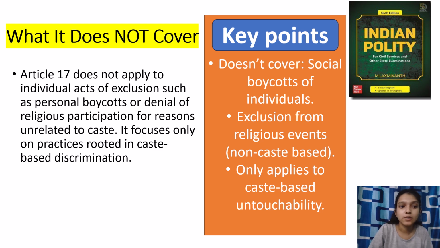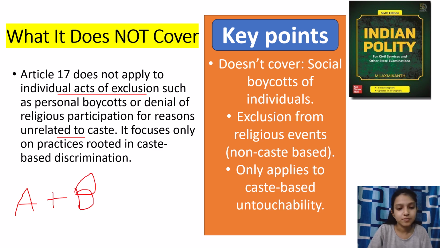Article 17 does not apply to individual acts of exclusion such as personal boycotts or denial of religious participation for reasons unrelated to caste. Now we will understand this through a simple example. For example, if A marries B, and they both belong to the same caste, but A's family is not happy with this marriage and they boycott him.